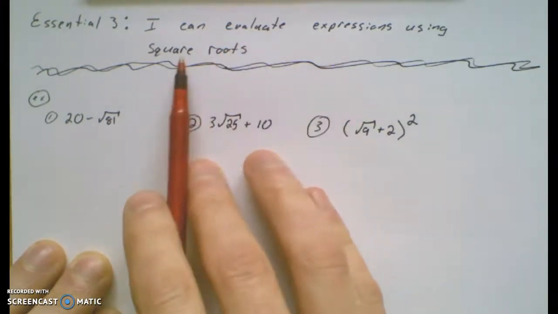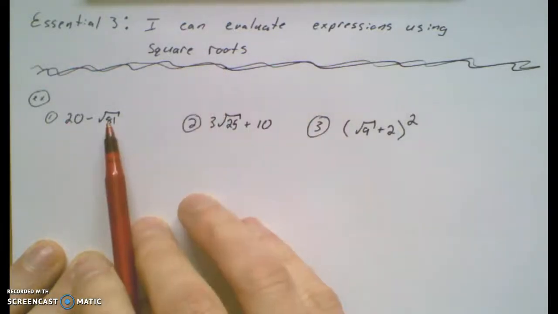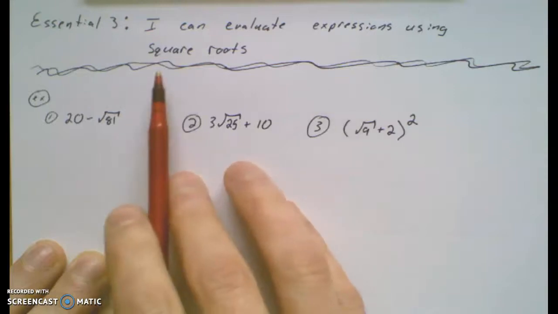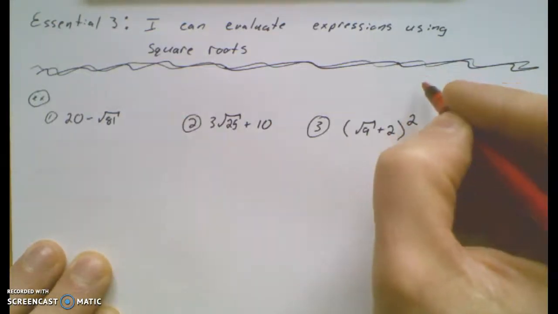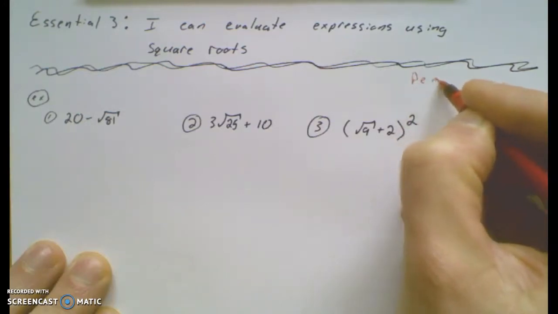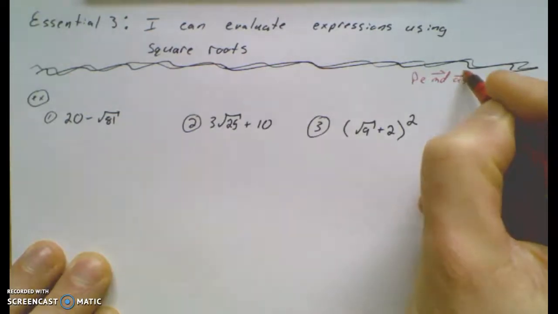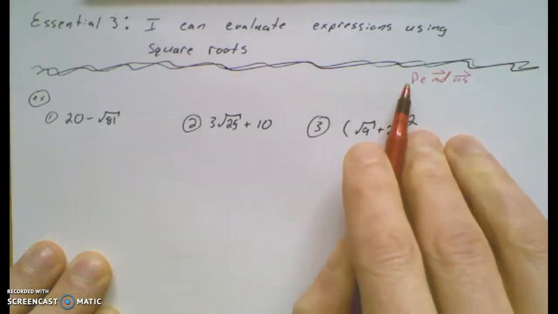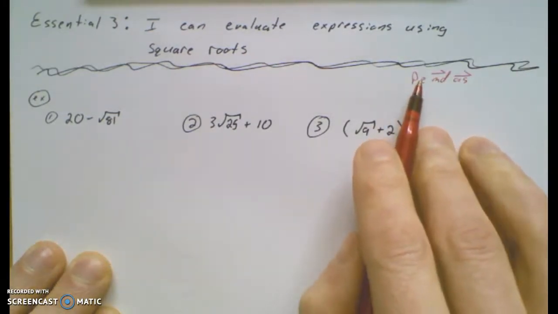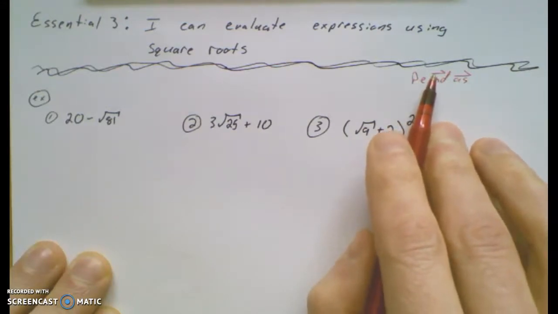And of course, these are expressions that deal with square roots. Whenever we're evaluating expressions, remember we're following the order of operations. So we're doing PEMDAS. You're going to do parentheses, exponents, and you're going to do multiplication and division at the same time from left to right.